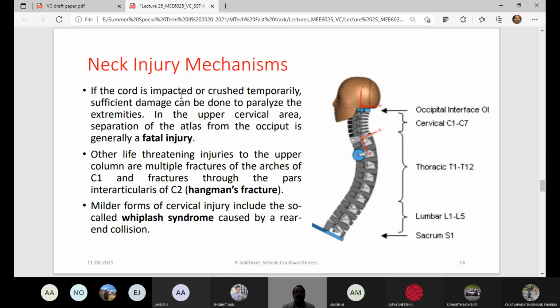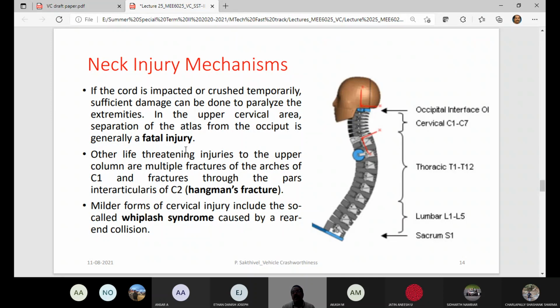If the cord, the spinal cord, is impacted or crushed temporarily, sufficient damage can be done to paralyze the extremities. In the upper cervical area, separation of the atlas from the occiput, so the occiput is this occipital interface, this zone is called the occiput. That separation is generally a fatal injury.